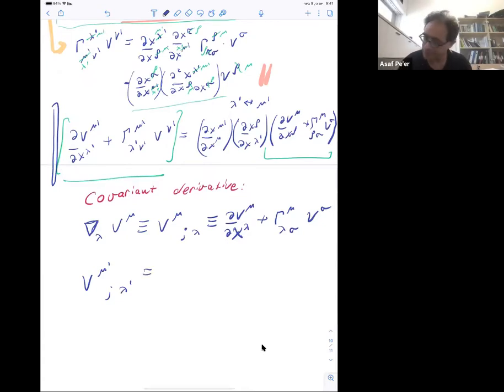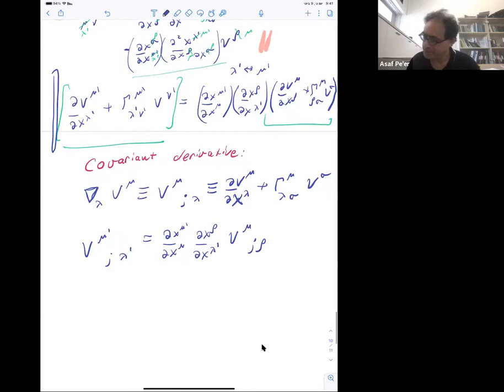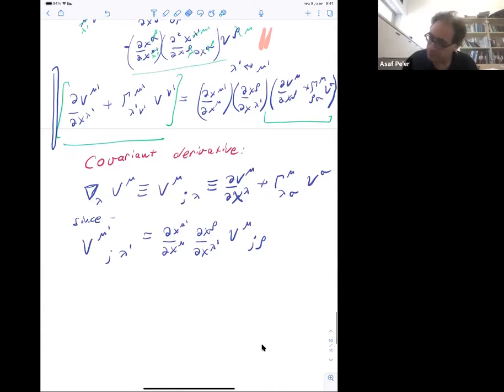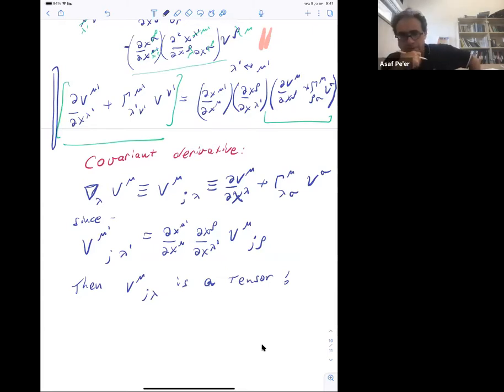It transforms as dx mu prime over dx mu, dx, call it rho, over dx lambda prime, v mu covariant derivative with a rho, right?